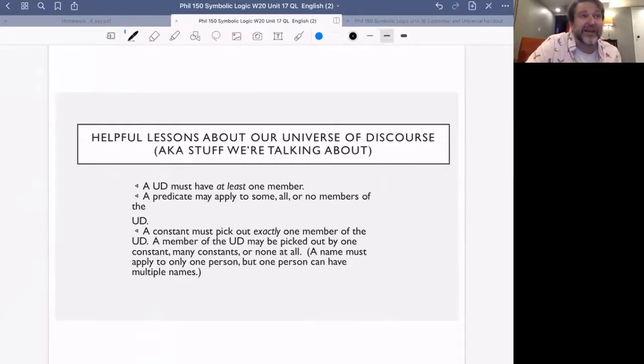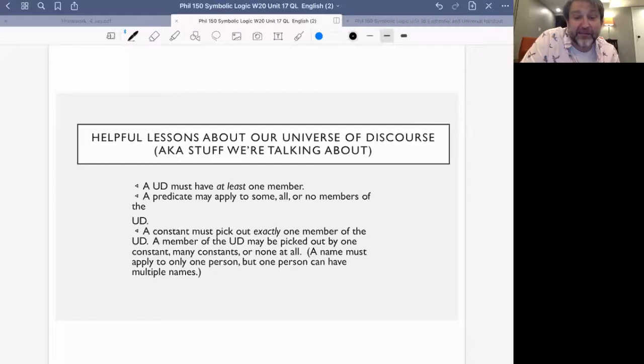It makes it the case that some of our logical inferences using our universal quantifier and our existential quantifier work. So this is an assumption we just need to make. If something is a universe of discourse, it has to be about at least one thing.